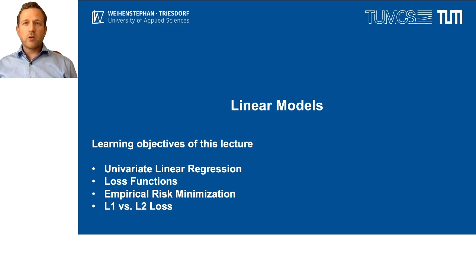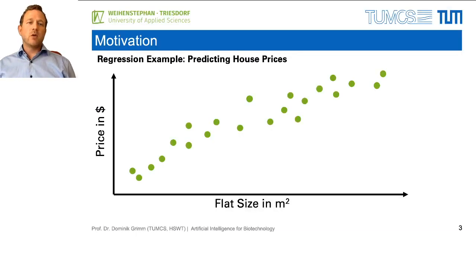So let's go back to one of the examples that we have looked at in one of our first lectures. We said a regression task is when we would like to predict a continuous variable y. In this example, all the different points are houses for which we know the flat size. So the feature is our flat size and we would like to predict the price in dollars.